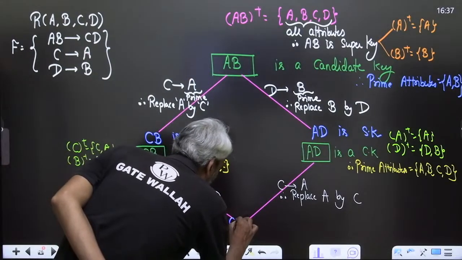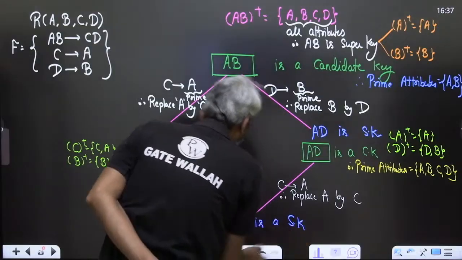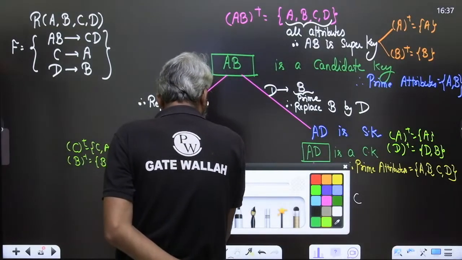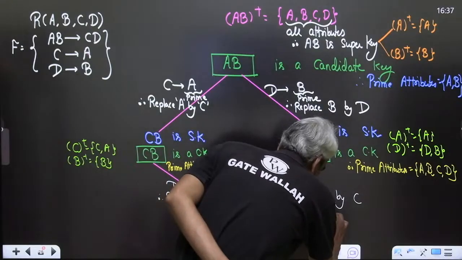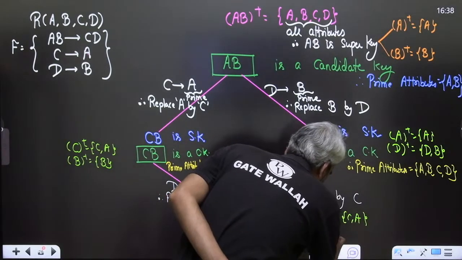So from here you will get CD is a super key. Now, when you check C closure, C closure will be C and A only, not all attributes.